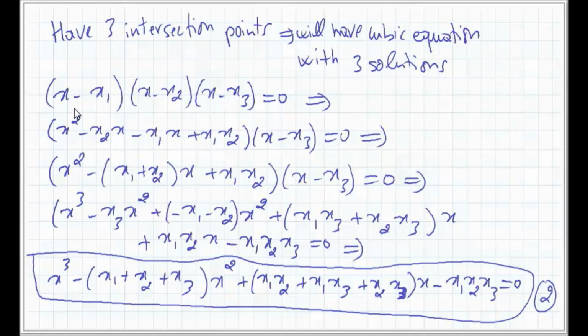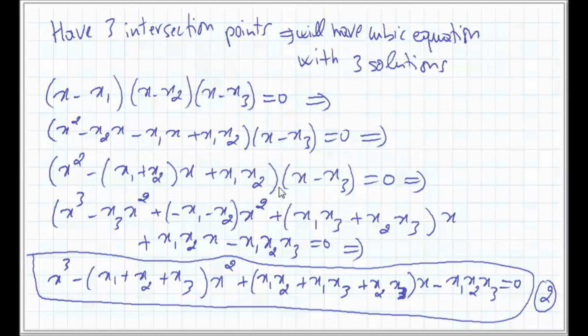So we have 3 intersection points, which means we will have a cubic equation with 3 solutions. So (x - x1) multiplied by (x - x2) multiplied by (x - x3) is equal to 0. We multiply those two, we get this, and we multiply by (x - x3) equal to 0, and we rearrange those.